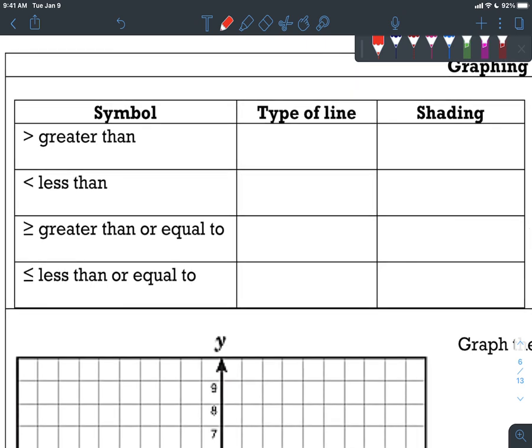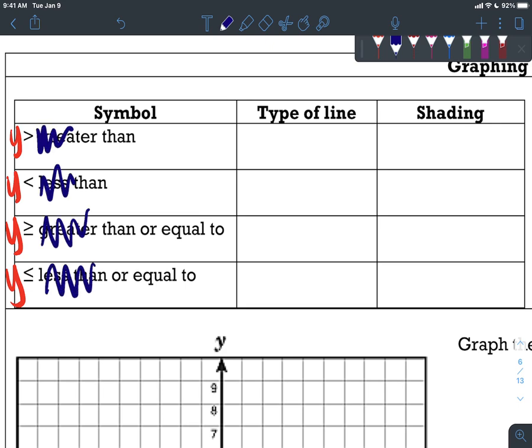So let's take a look at the symbols. I'm going to write in my y's over here just so it'll be easier to read. And this blue part would be some equation. We don't really care what it is. All right, first one, I don't see an extra line, so it is going to be dashed. I see y is bigger, shade up.